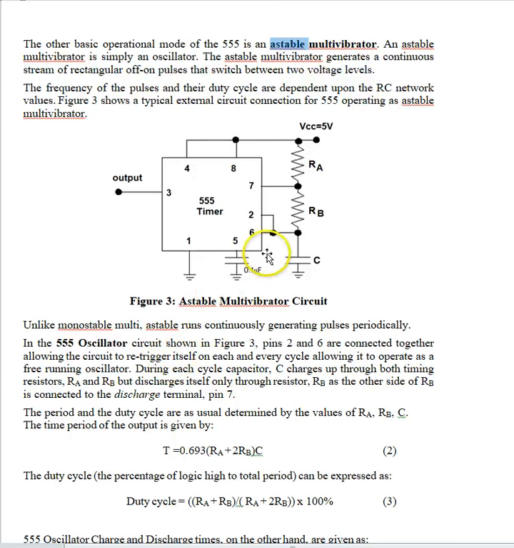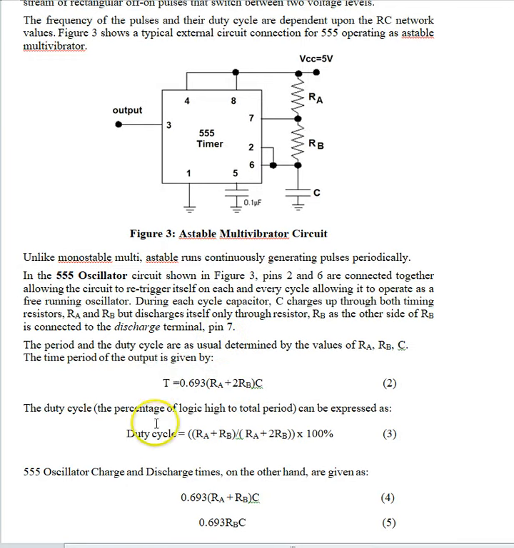The capacitor basically charges and discharges, and that creates the pulse. When the capacitor is charging, it charges through resistors RA and RB, but when it discharges, it only discharges through RB because pin 7 is the discharge terminal.